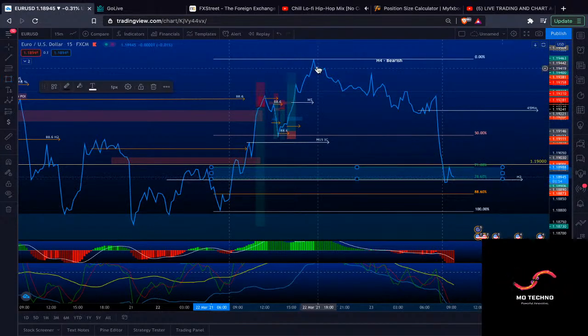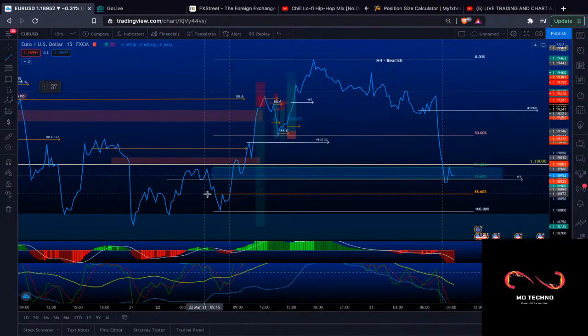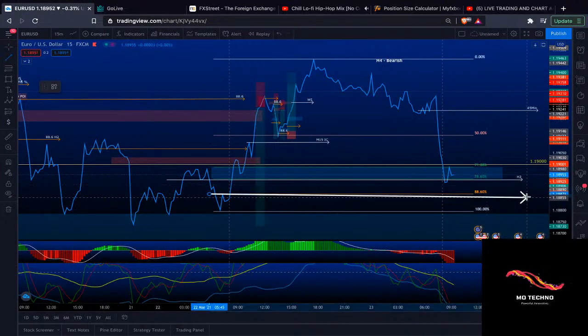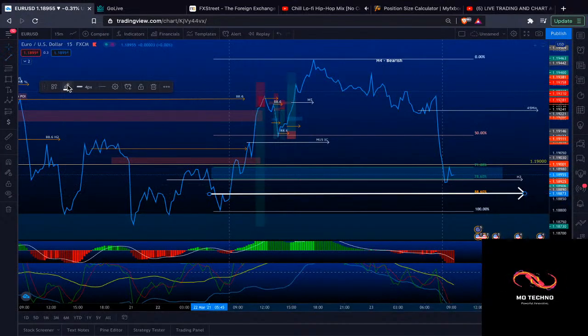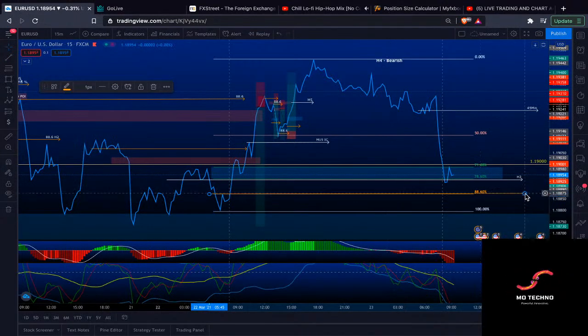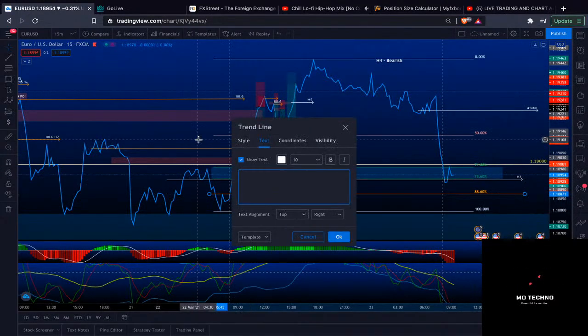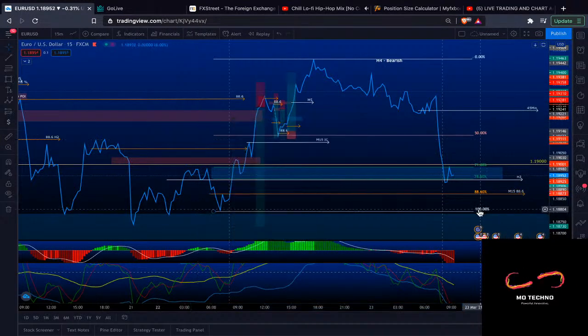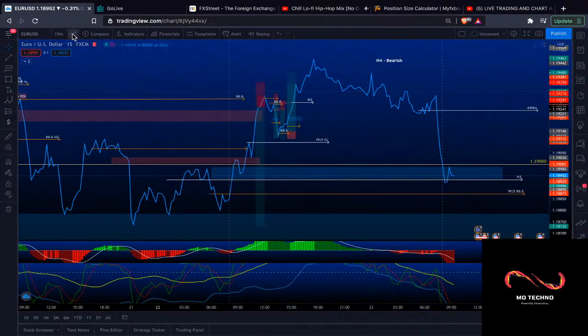Now this could have happened ever since yesterday at 6 p.m. You know, we could have marked this up because we had that high around 5 p.m. So if this was my 88.6, I'll mark that up as my M15 88.6. Okay, now we are ready.